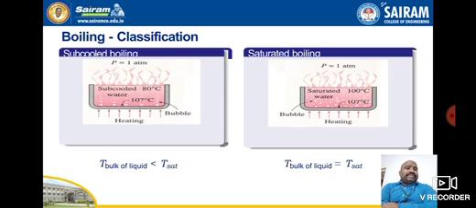In this case, the temperature of the bulk liquid is less than the temperature of the saturated liquid. And in case of saturated boiling, the water is at saturation condition. When you give heat, the temperature of the water is 100 degrees centigrade and it starts to boil, but here the bulk liquid temperature is equal to the saturation temperature. These are the two differences.